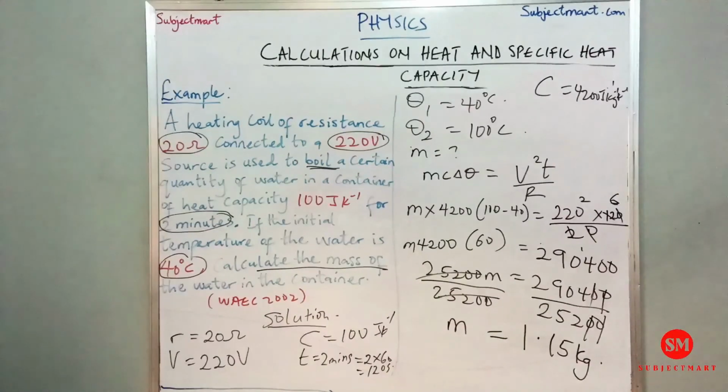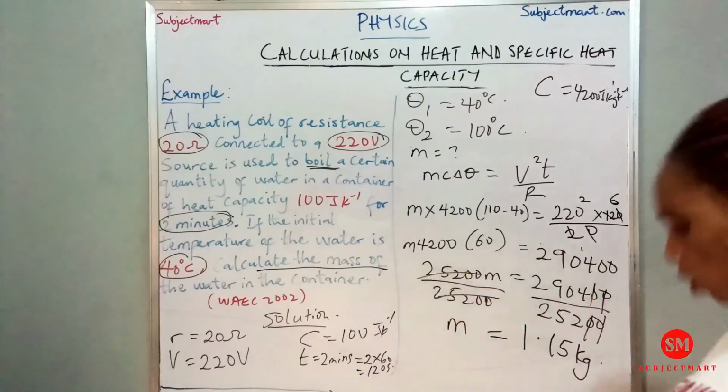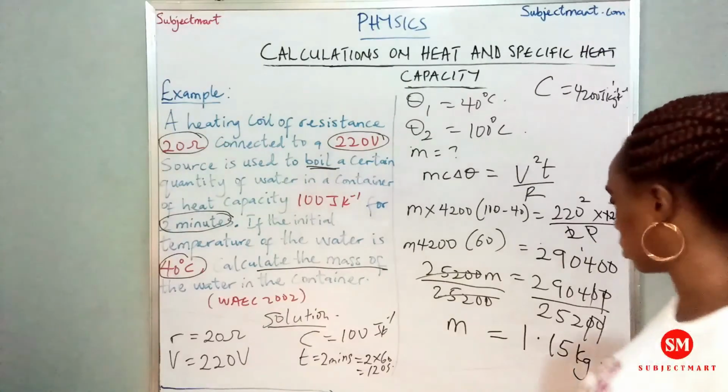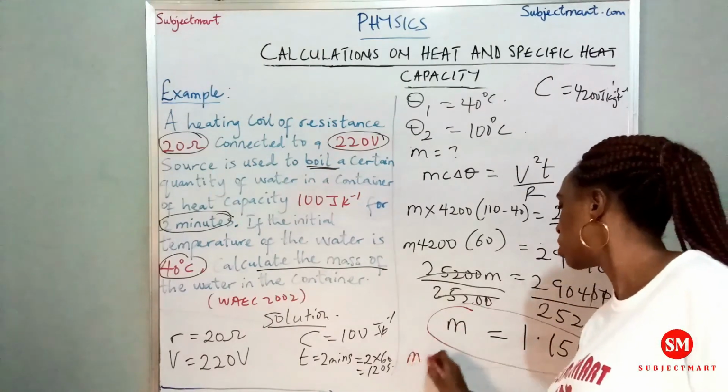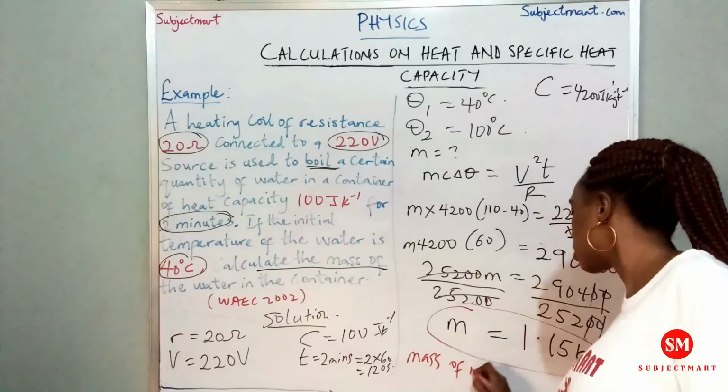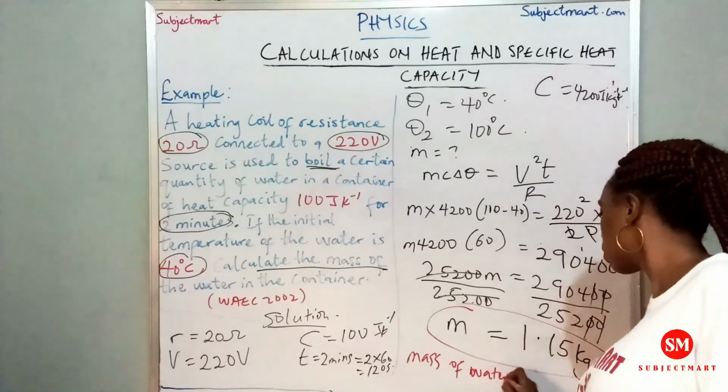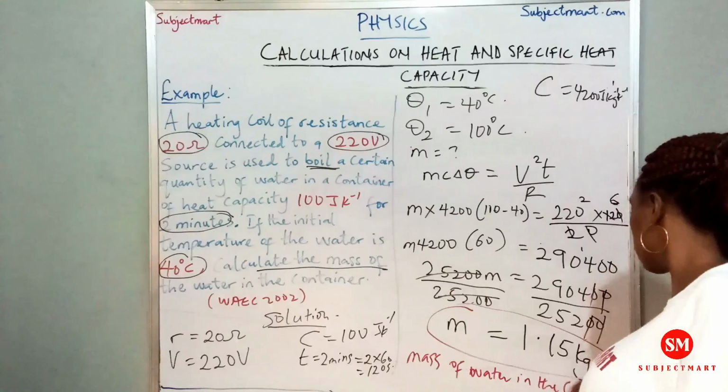I believe that is very, very clear. So the mass of the water in the container is 1.15 kilogram.